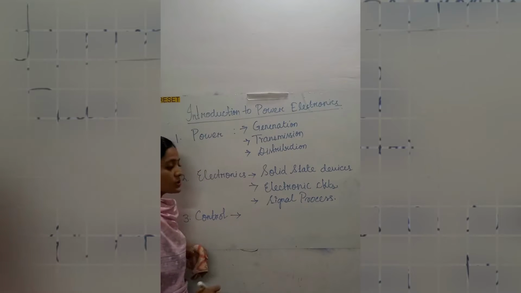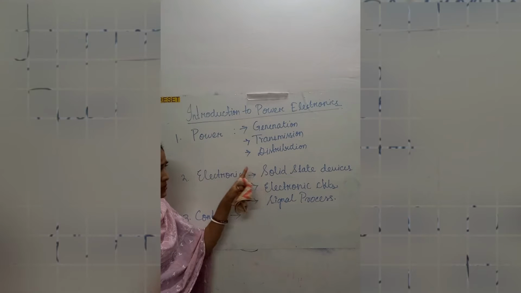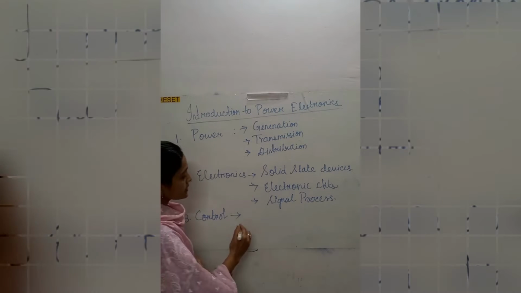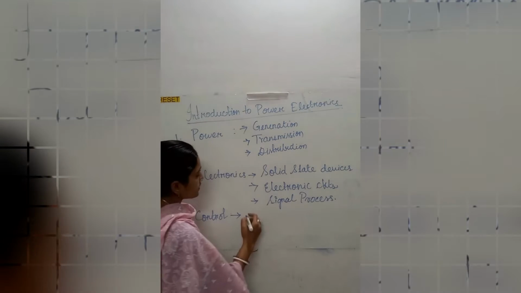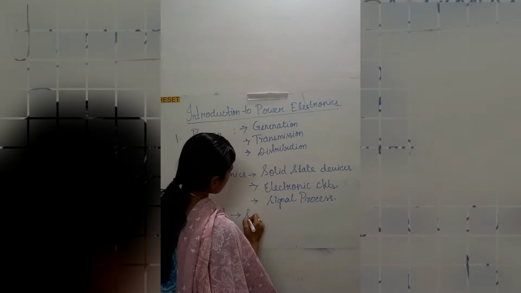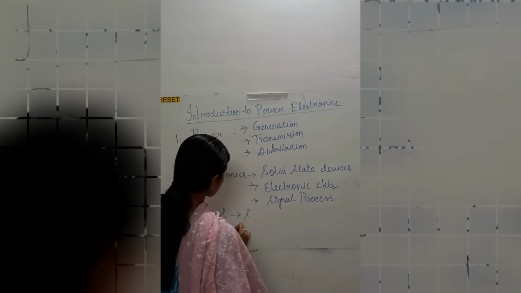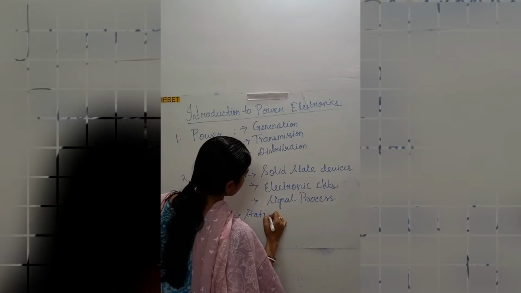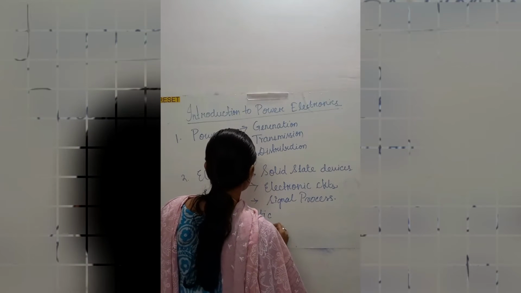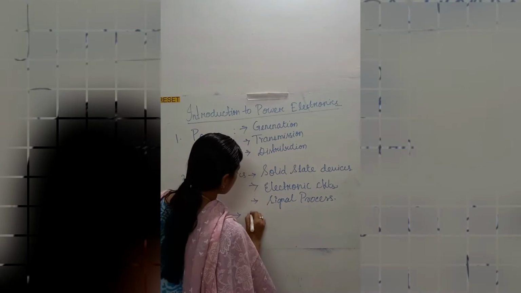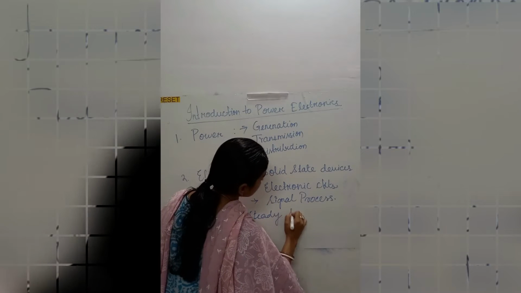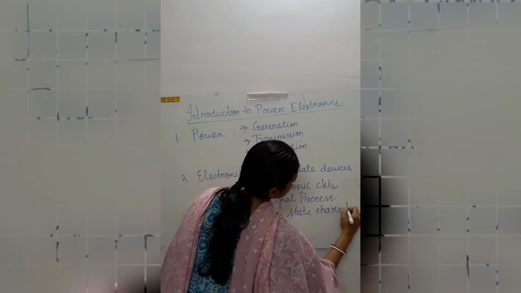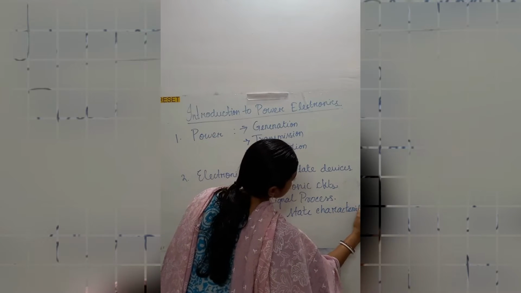So when we come to control, for each and every device, we need to know about their characteristics. There are two characteristics that we must know. One is the static, steady state characteristic.